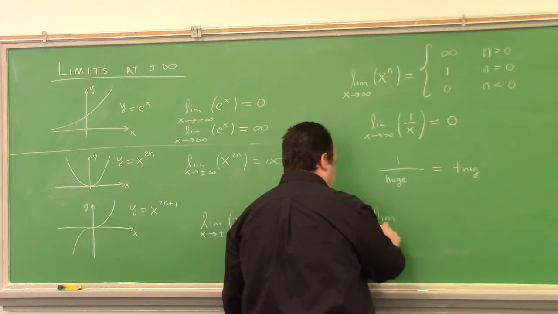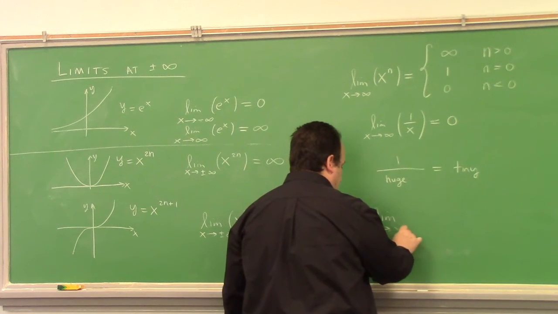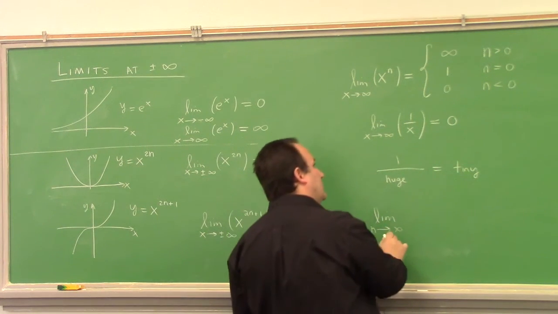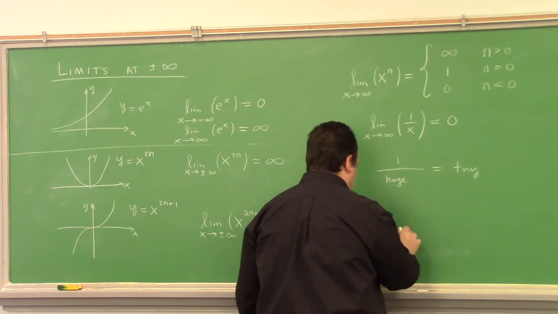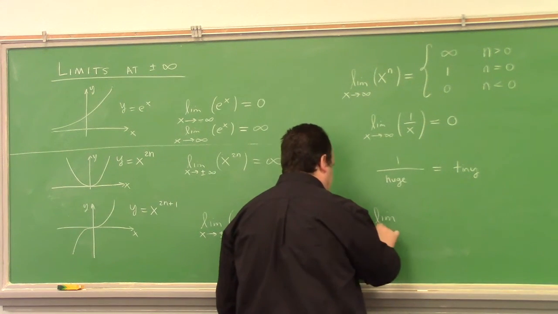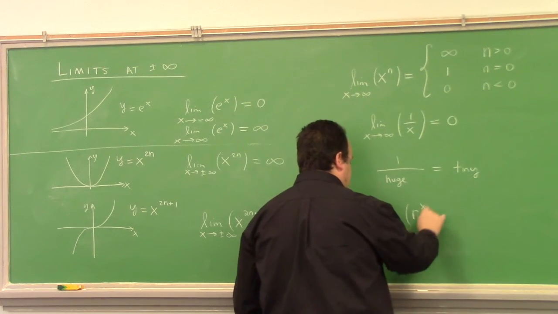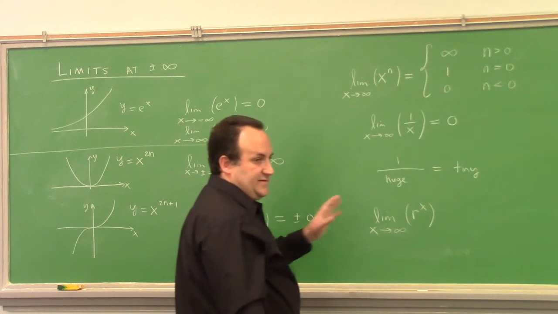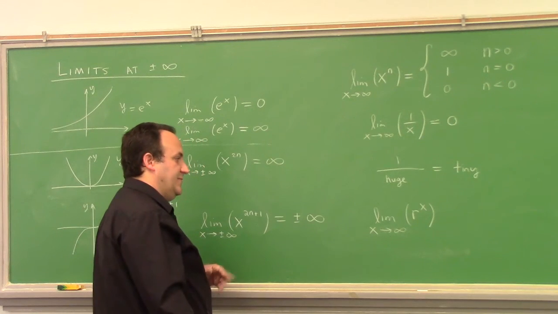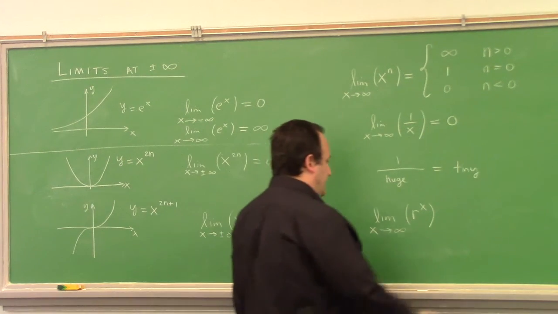Another important limit to know is something like this. Limit as x goes to infinity of r to the x, where r is a constant. So what happens here?